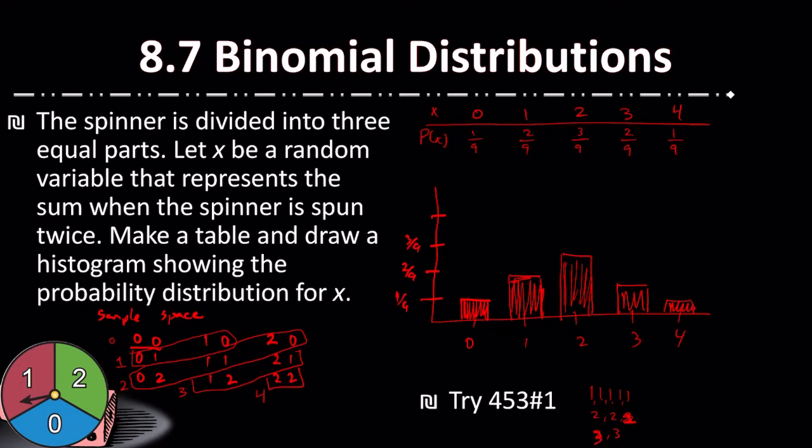All right, so getting a 1 occurs half the time. Getting a 2 occurs 3/10 of the time. And getting a 3 occurs 2/10 of the time. And then just make a little histogram for that.